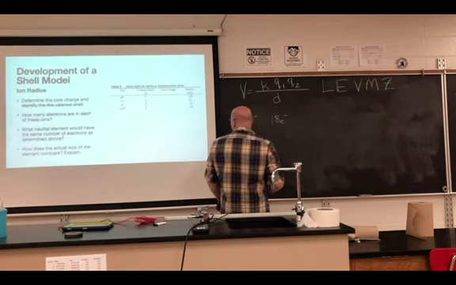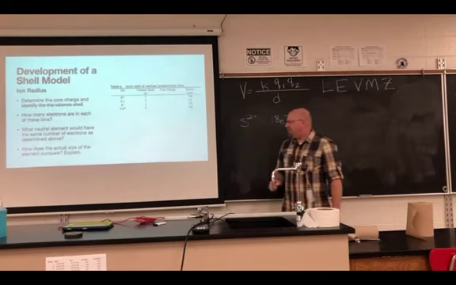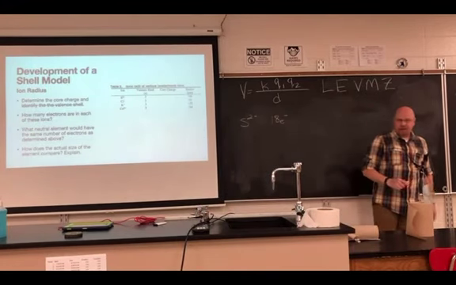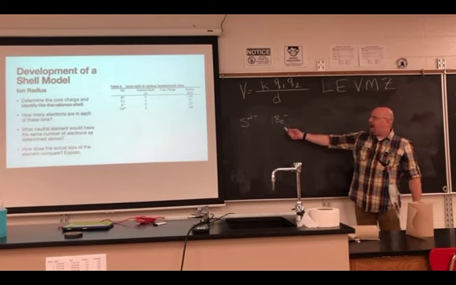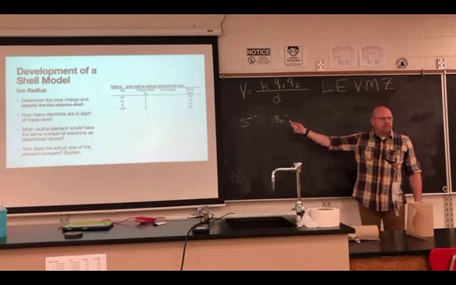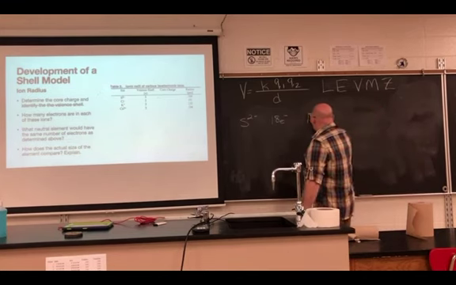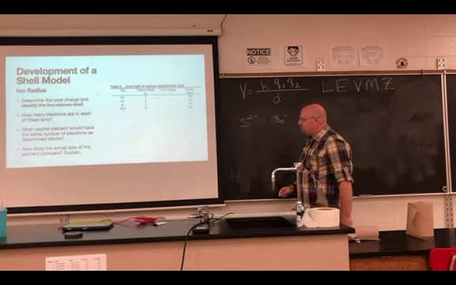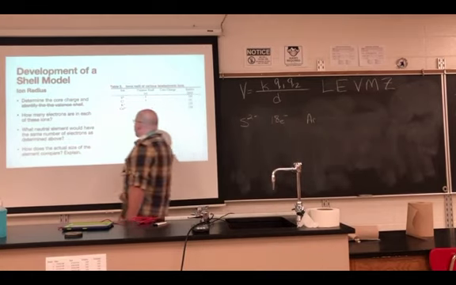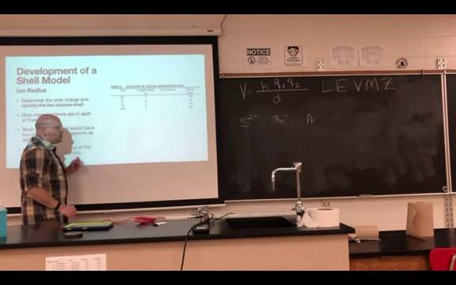Okay, so what neutral element would have the same number of electrons, 18, as sulfur with a 2 negative? Argon. Okay, we'll get to this last one here in a bit.